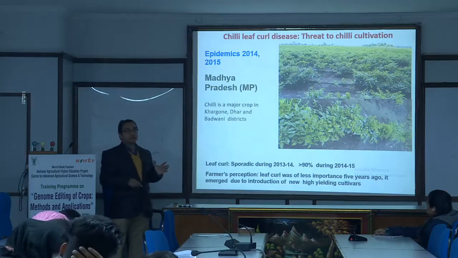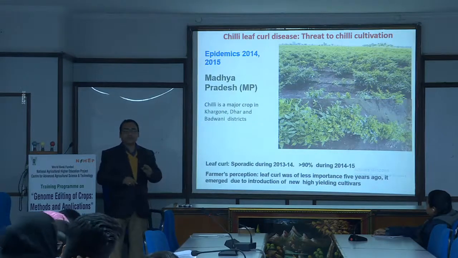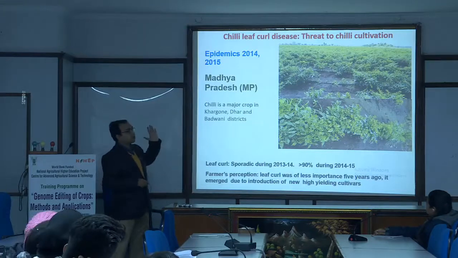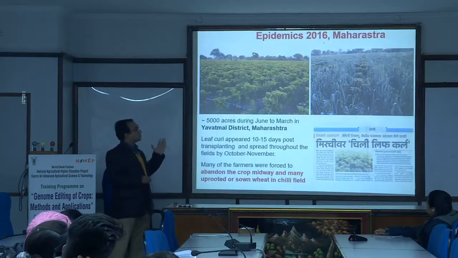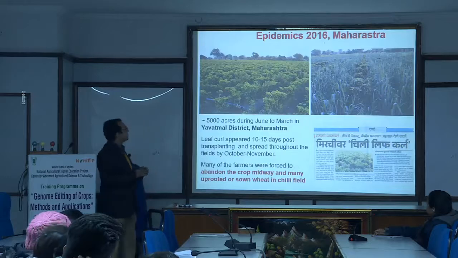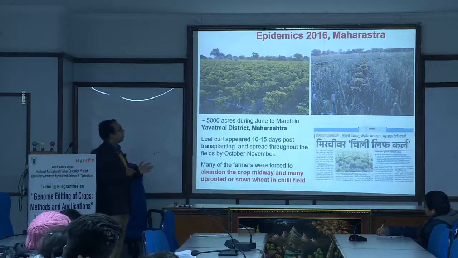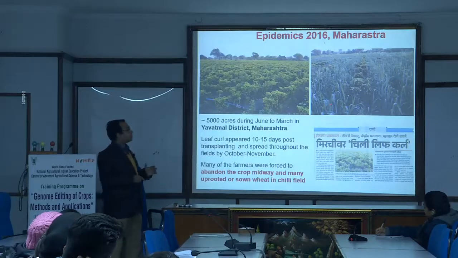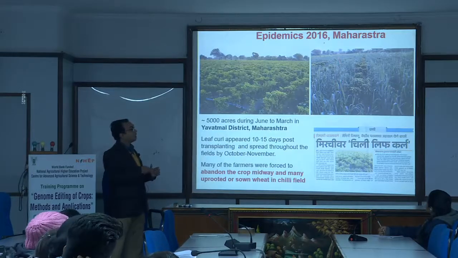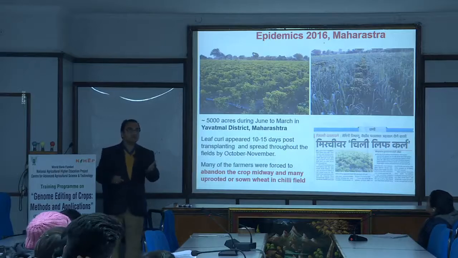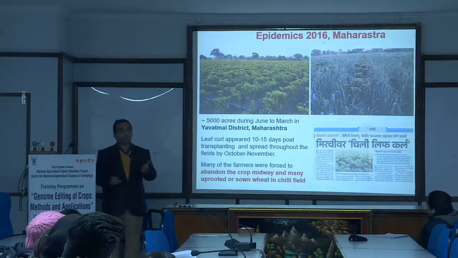But we observe that farmers are not getting a single rupee out of these huge acres of land. In 2016 in Maharashtra, you can see this is the condition, no chili production, and all the plants are infected with leaf curl, and farmers started sowing some other crops, so that from that same field they can get some remuneration.